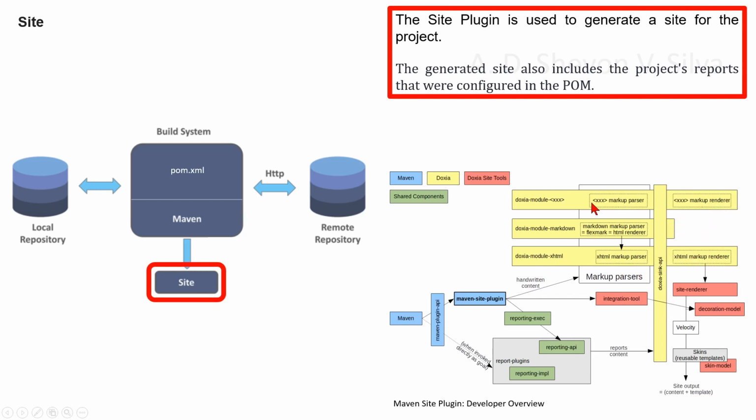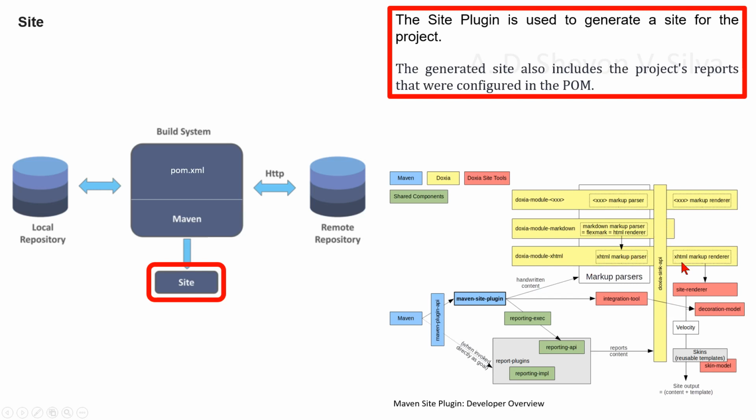Inside that, the markup parser is in the Doxia module, and the markdown markup parser equals flexmark, with HTML render, in Doxia module markdown. The XML markup parser is in Doxia module XHTML.